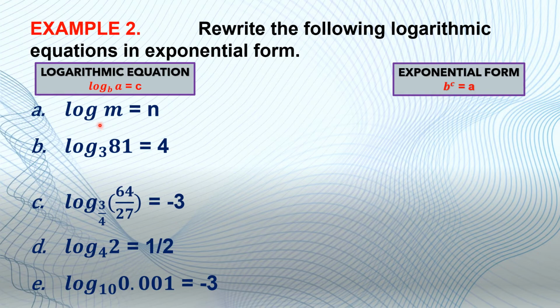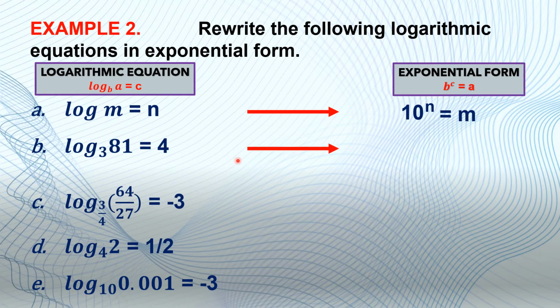So our B here is 10, then our C is N. So 10 raised to N. Then our A here, which is M, is the answer in the exponential form. So we have now equals M. So 10 raised to N equals M is the exponential form of the logarithm of M equals N.